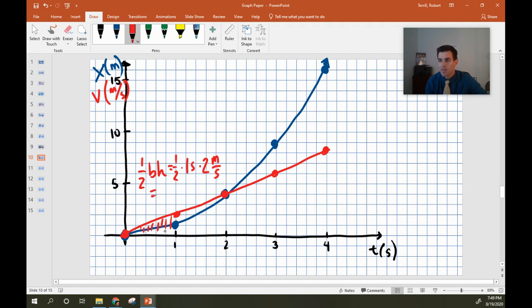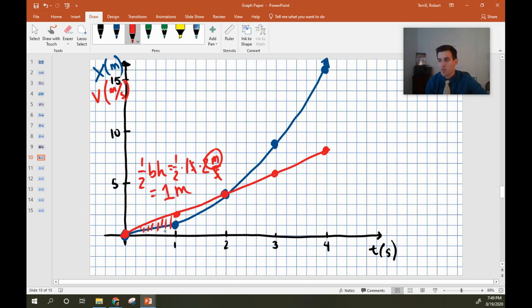And if you calculate that out, that's 1/2 times 1 times 2. We're going to get 1. But then I have seconds on the top of this number, but on the bottom of this number. So if you remember from math or maybe chemistry, one number on the top, one number on the bottom will end up canceling. And so we end up with just meters left over. So this is 1 meter.